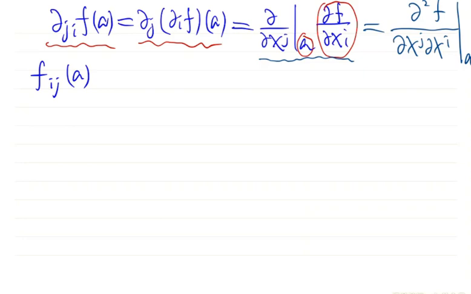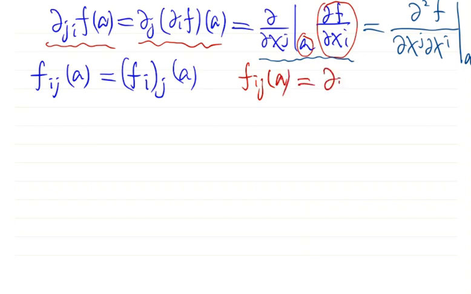You can consider this as the partial derivative function with respect to xi, then take the derivative with respect to xj at the point a. Therefore, Fij(a) is in fact dji f(a). You should take care and notice the order. So this is the second order partial derivative of our function at this point a.